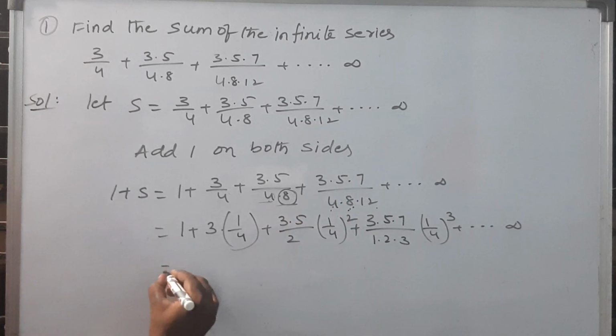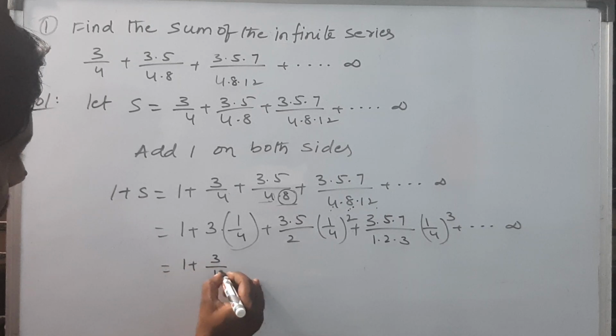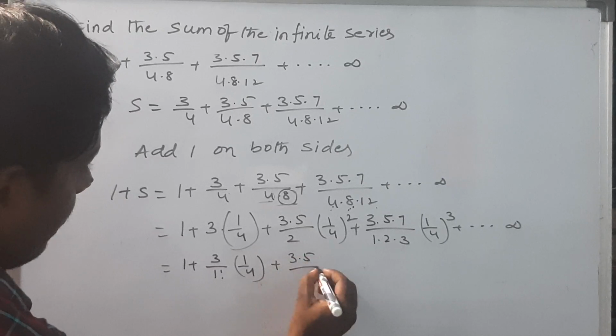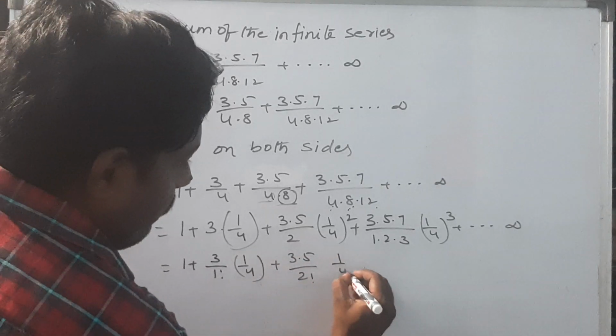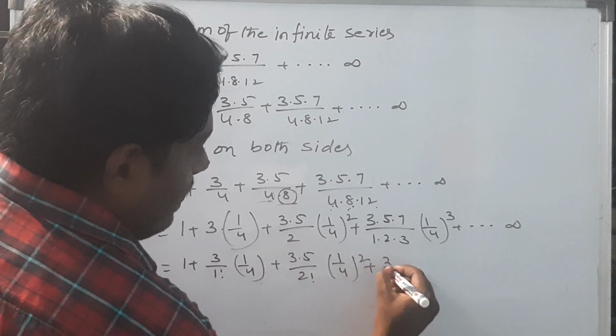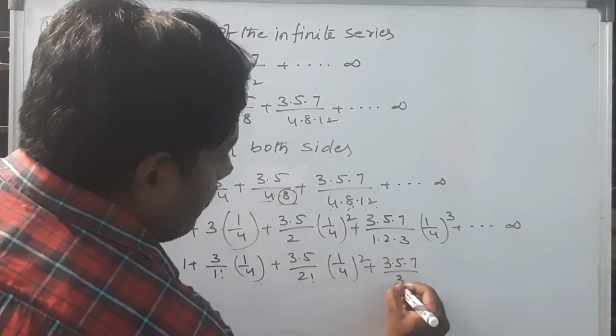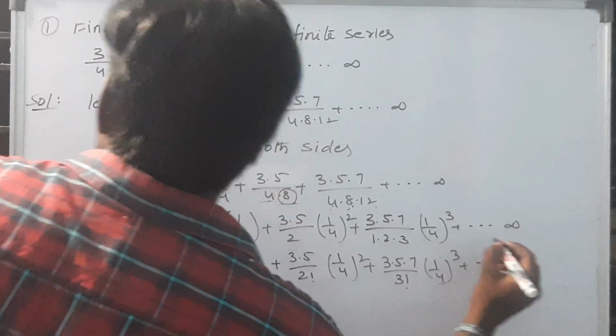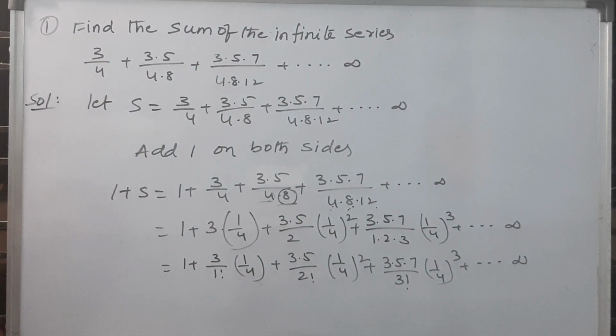That is equal to 1 plus 3 by 1 factorial into 1 by 4 plus 3 into 5 by 2 factorial into 1 by 4 whole square plus 3 into 5 into 7 by 3 factorial into 1 by 4 whole cube plus and so on to infinity.